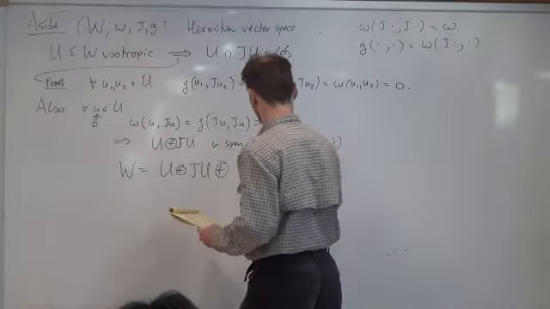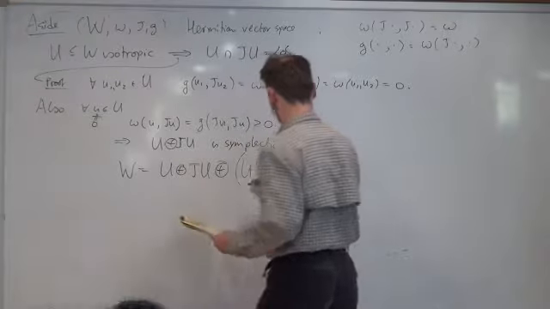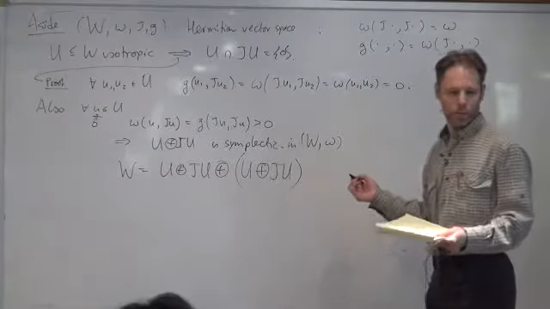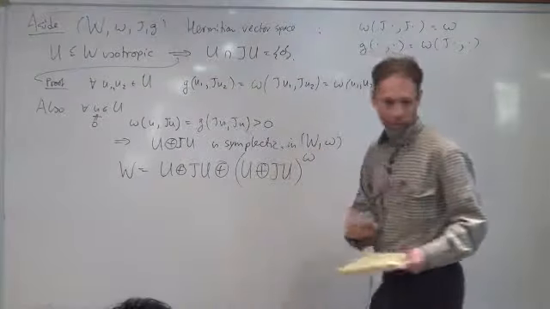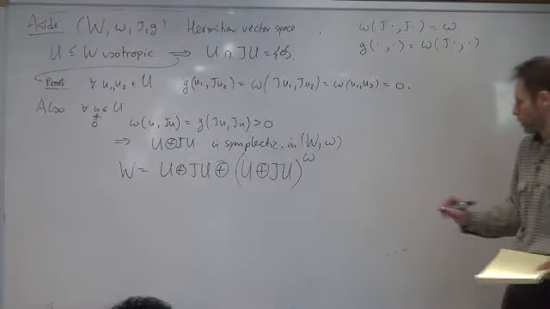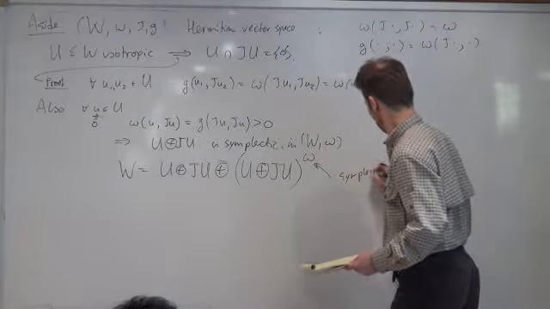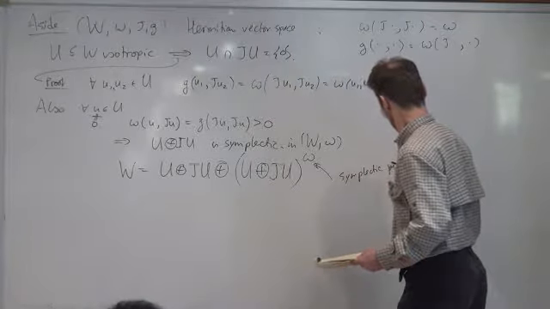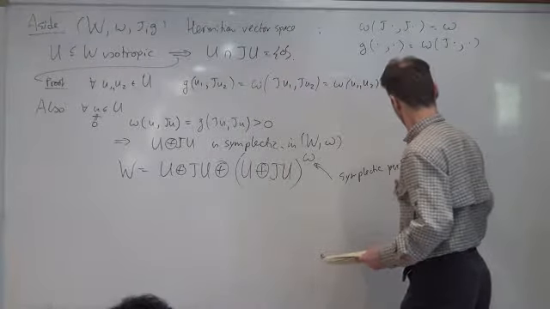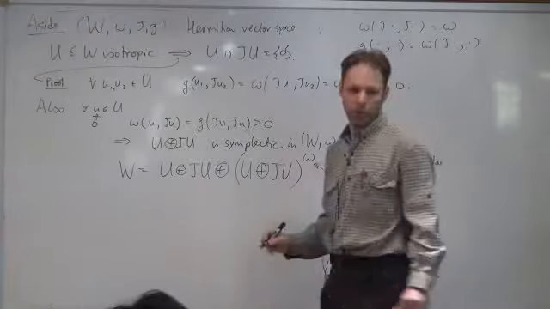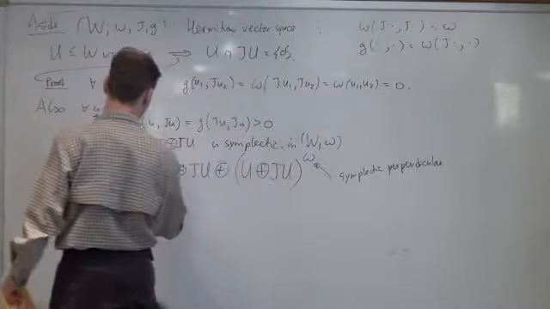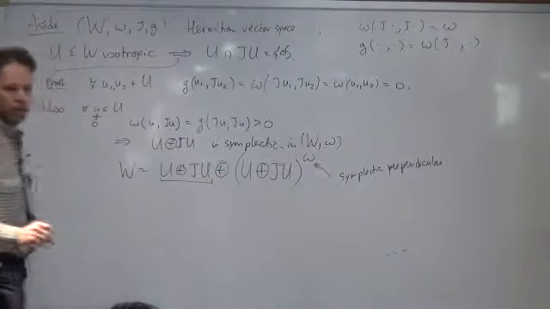And it doesn't really matter which structure I use to pick the complement. I could use the metric, or I can use the symplectic form. I'll use the symplectic form. This is symplectic perpendicular. Or Hermitian perpendicular. So here they are. I have a complex subspace.